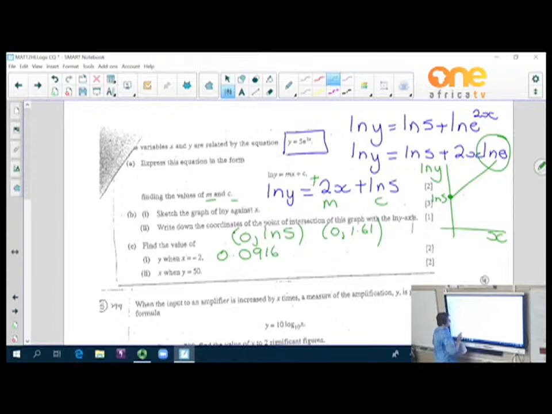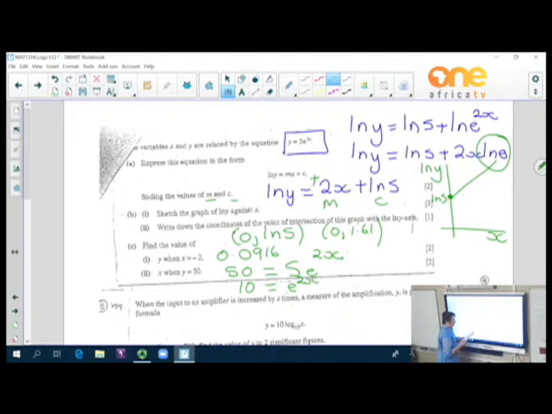Now look at the next one. Find x when y is 50. Just going to show you this one. So then 50 is equal to 5e^2x. Now remember, we'll first have to get rid of this coefficient here, so 10 is equal to e to the power of 2x.